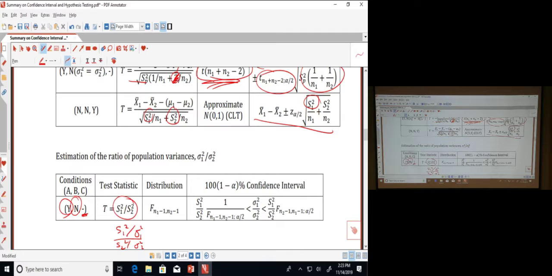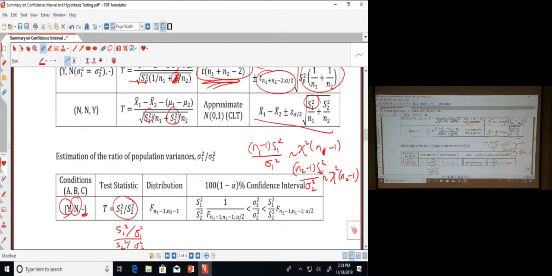Just remember this one: n minus 1 S1 square over sigma 1 square is a chi-square distribution with n minus 1 degrees of freedom. Similarly, n2 minus 1 S2 square over sigma 2 square is chi-square with n2 minus 1 degrees of freedom.